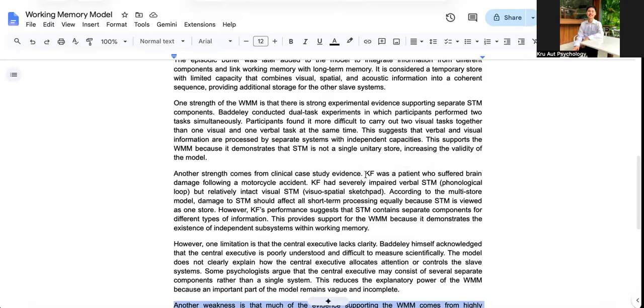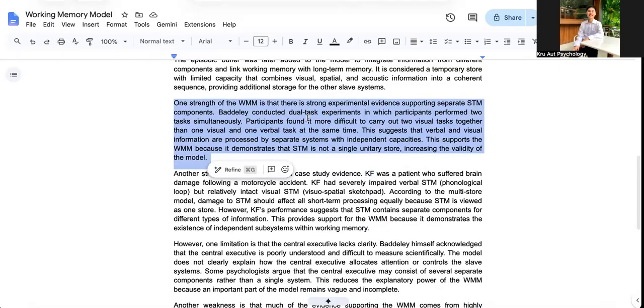So just saying, if some students say the KF study lacks generalizability, the examiner might argue that dual task experiments don't. So actually, we can't really say that the working memory model is not representative of the majority of the population, because dual task experiments use many participants.